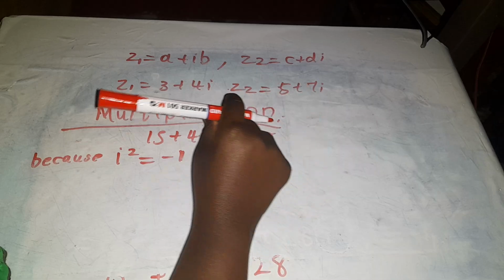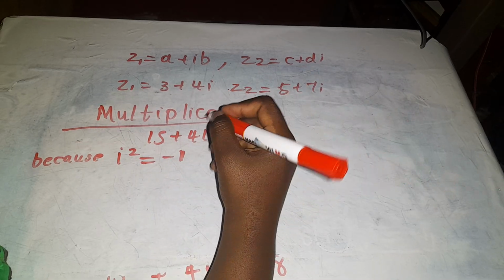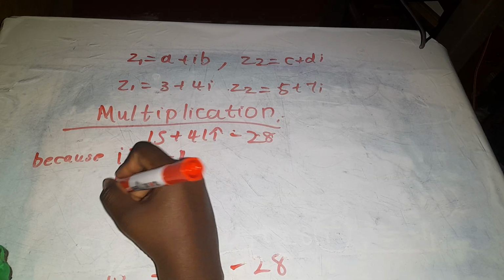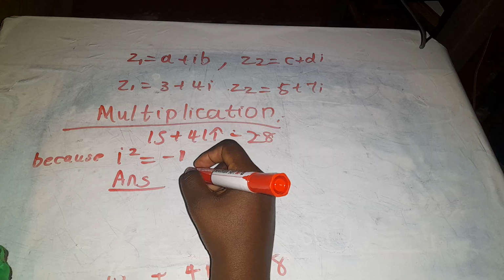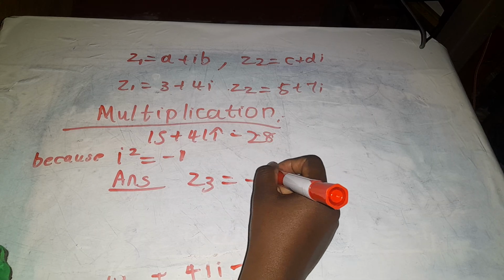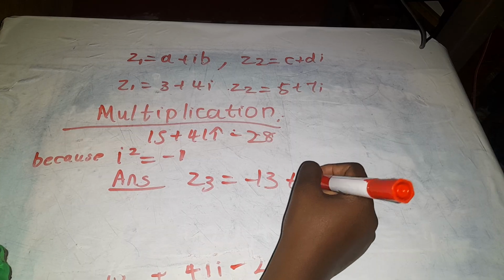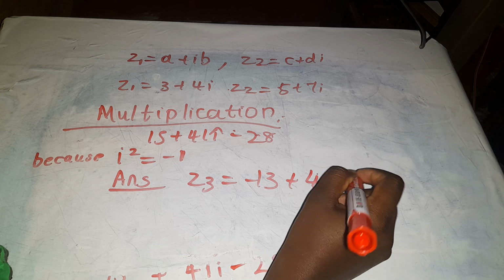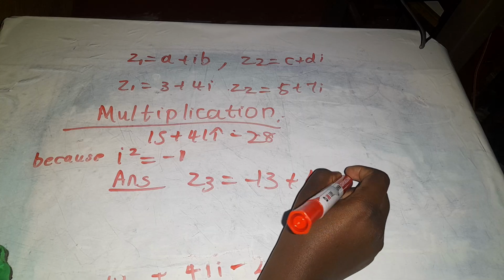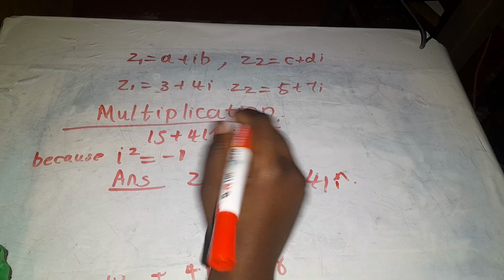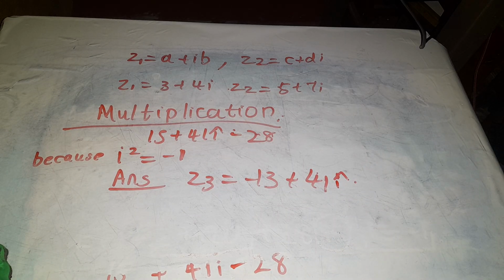Then 15 minus 28 will give us negative 13. So our answer will be Z3 is equal to negative 13 plus 41i. So that is the answer.